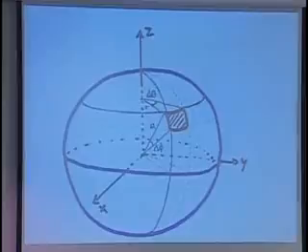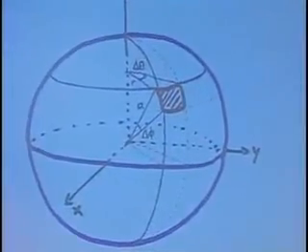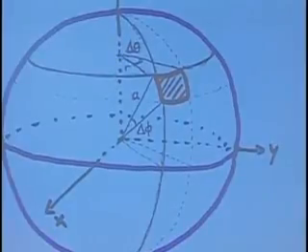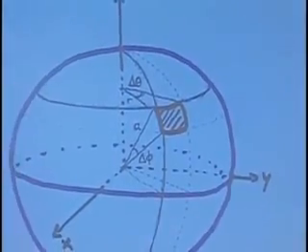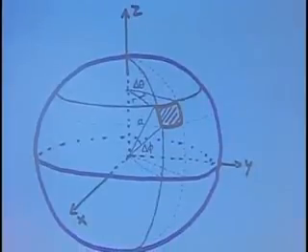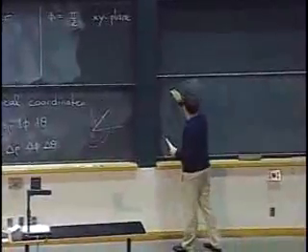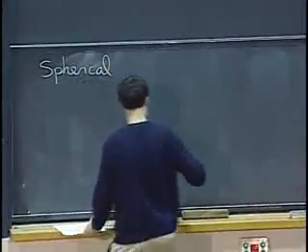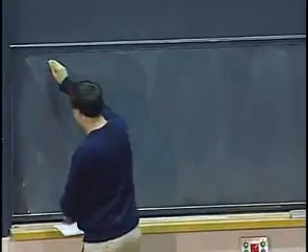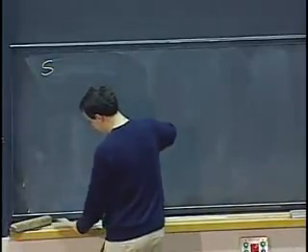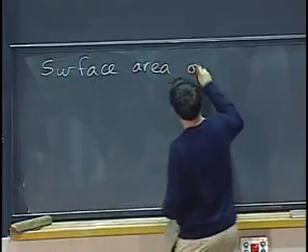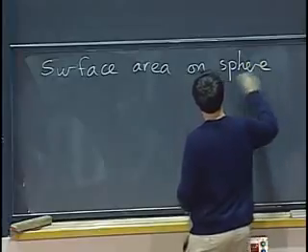So let's start by looking just at what happens on a sphere of radius a, and let's try to figure out the surface area element on the sphere in terms of phi and theta. And then we'll add the rho direction. Let's start by understanding surface area on a sphere of radius a.